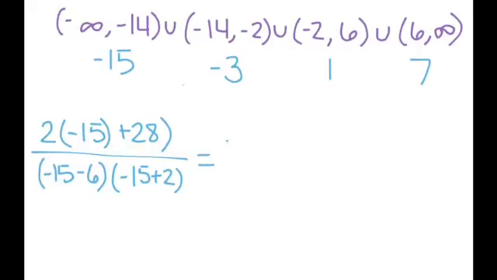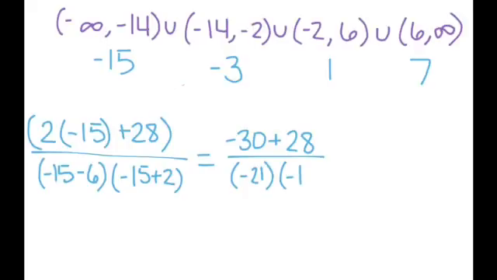Which equals negative 30 plus 28 over negative 21 times negative 13. Negative 2 over 273. And because this is a negative number, we know that this interval doesn't work.